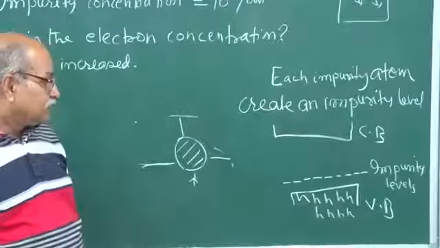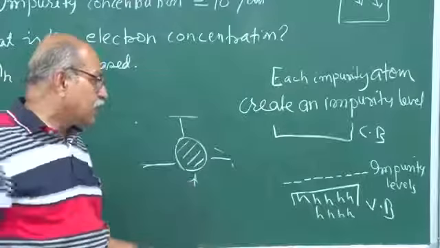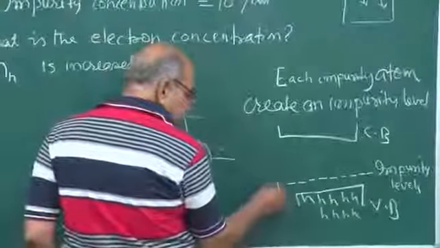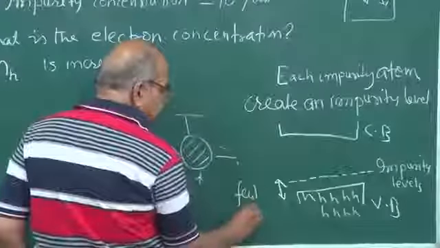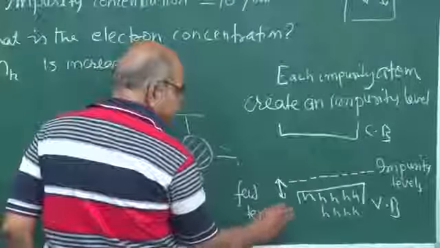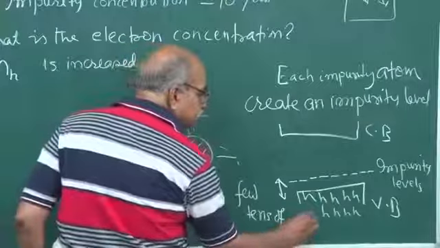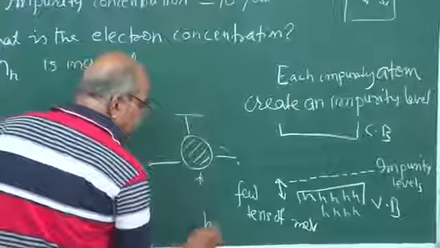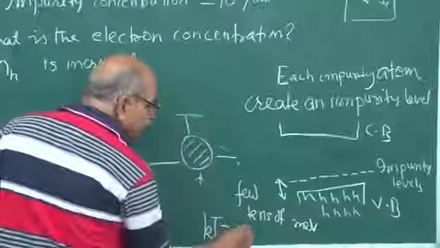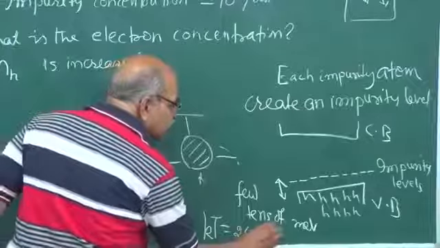But this ionization is very quick, because this difference is small. This difference is only a few tenths of a milli electron volt. And kT itself, k times T, at room temperature is 26 meV.